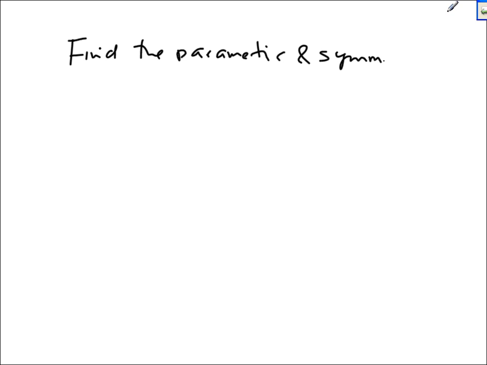Let us do some examples. Suppose you want to find the parametric and symmetric equation of the line through the given point and parallel to the given vector.